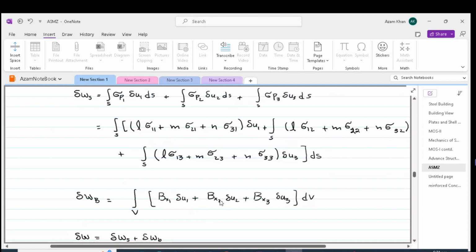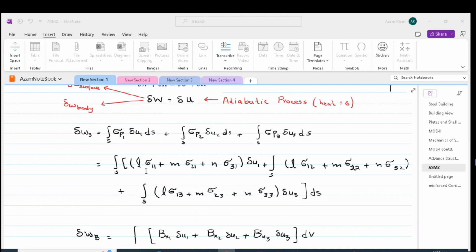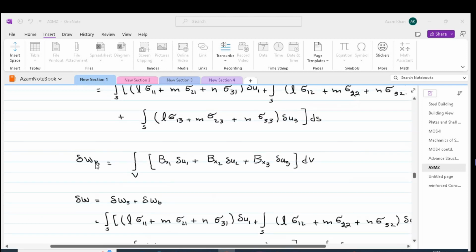Since Bx1, Bx2 and Bx3 are in force per unit volume, they need to be multiplied with dV in order to get the forces, and then correspondingly multiplied with the displacement components to get the work done by body forces. Please note that we are integrating the work done by surface forces over a surface, and the work done by body forces over a volume.